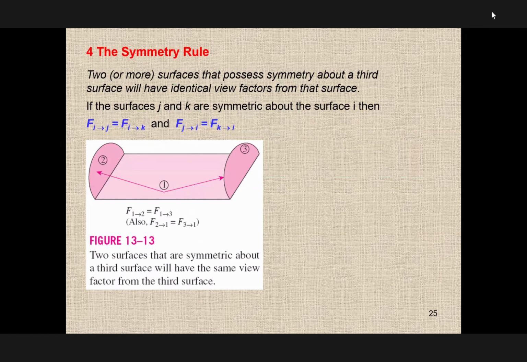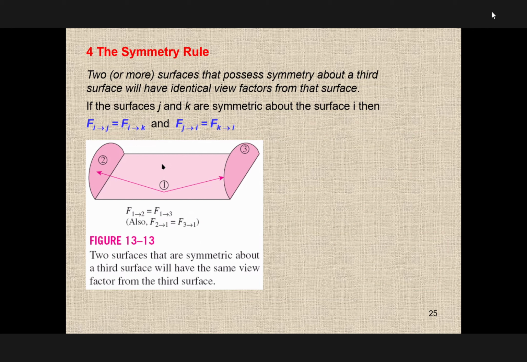Now, again, another rule, we call it symmetry. Symmetry means if you have surfaces like this, 1, 2, and 3, and if 2 and 3 are equal in size and similar, you can say the view factor from 1 to 2 is equal to 1 to 3. Again, this is symmetry that you can apply.